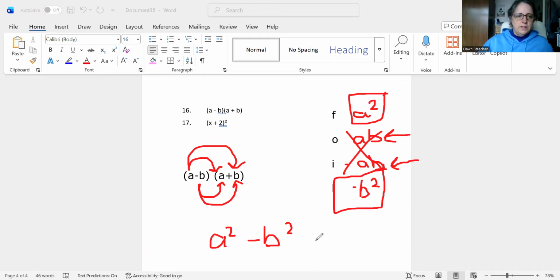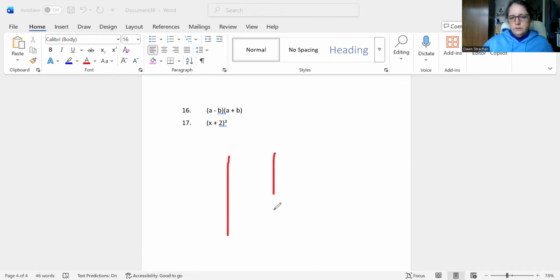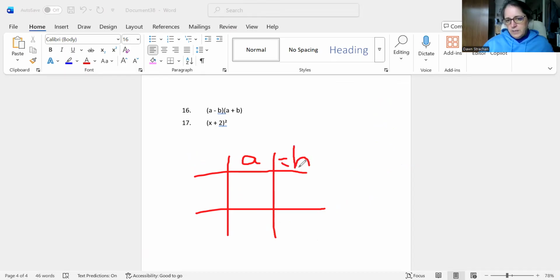Let's have a go with the other method. And this is where I think this method is better because it's easier to see what you've got. So I've got an A, I've got a minus B. I've got an A and I've got a plus B. So A times A gave me A squared.